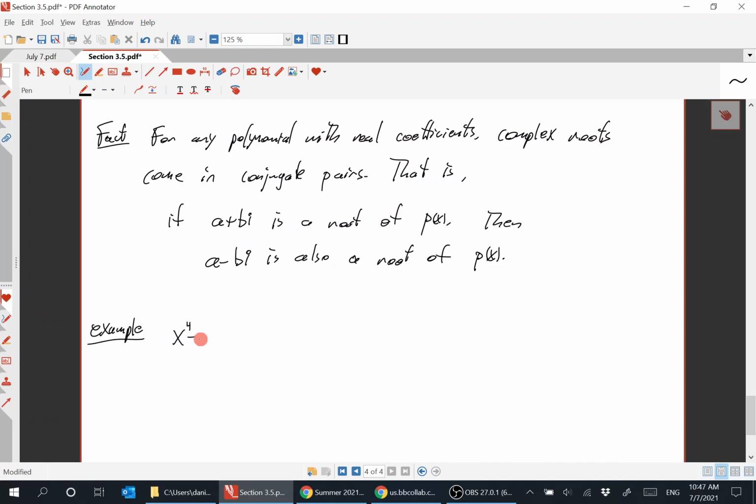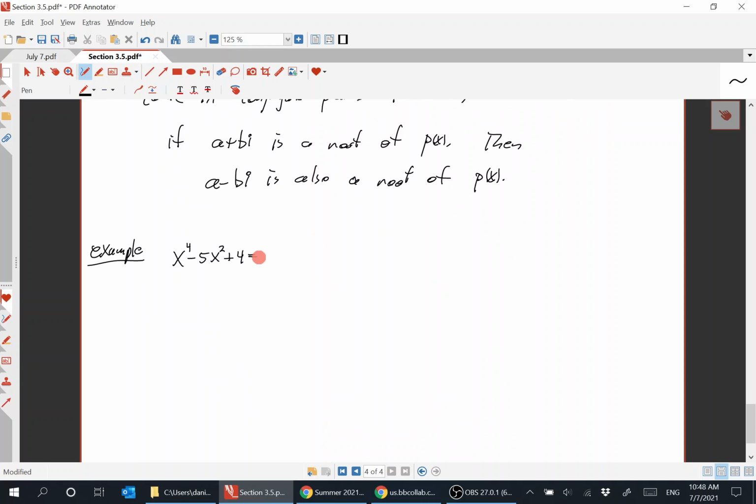So let's look at the polynomial x to the fourth minus 5x squared plus 4 is p of x. All right, so we look at the equation with this. Well, this has just got a fourth and a squared term, right? So this is x squared squared minus 5x squared plus 4. This trick of using the x squared as your variable.